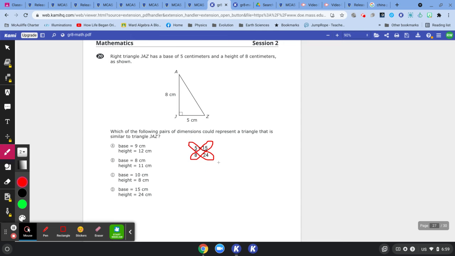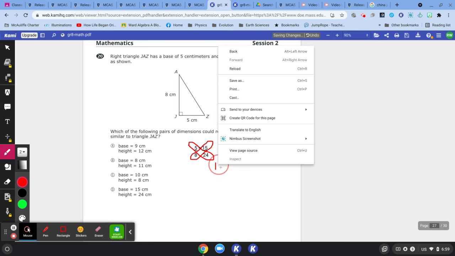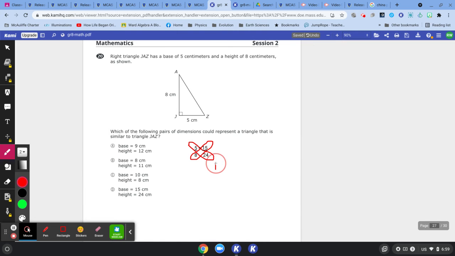Well, the product of 5 and 24 is 120. If these products match, then we have a proportion that's true. So that's 120. And 8 times 15: 4 times 15 is 60, so double that, since it's 8 times 15, 60 times 2 is also 120. So we have a match.